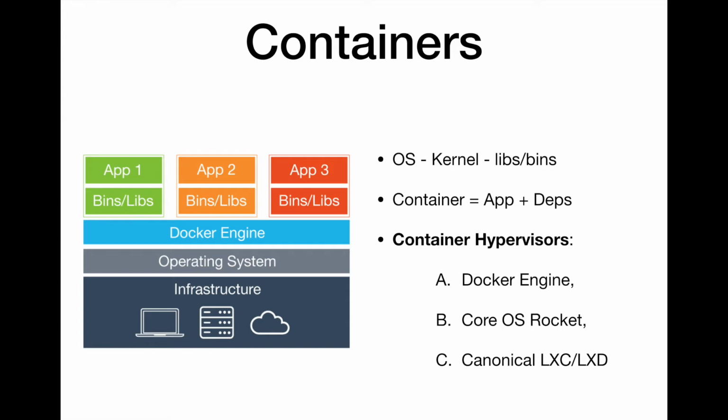We have installed the Docker Engine, which is the container hypervisor in this case, and on top of the Docker Engine, applications that are containerized as Docker containers are running. So we have a green application, an orange application, and a red application, each running within its own Docker container. So we have 3 Docker containers in this case.